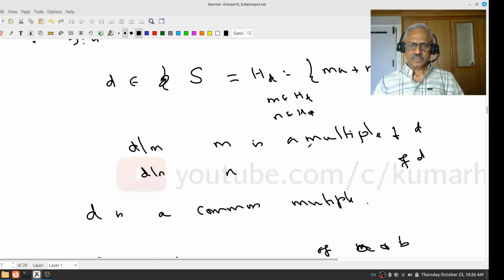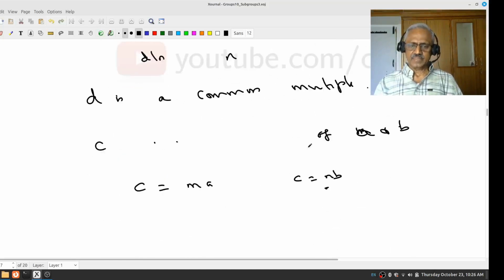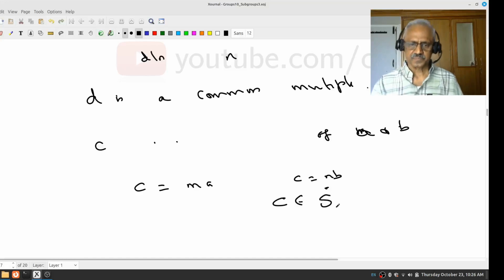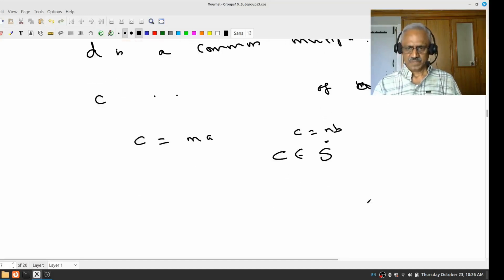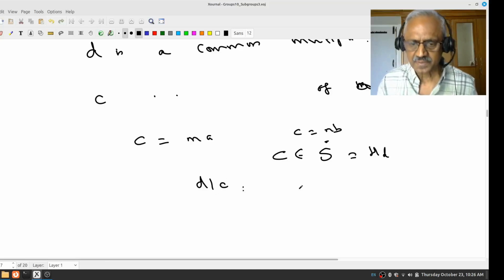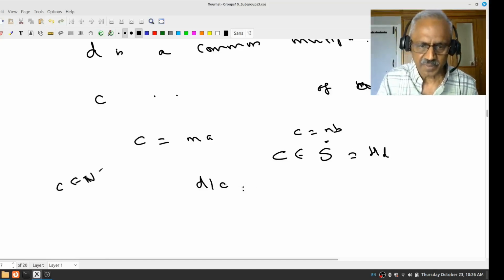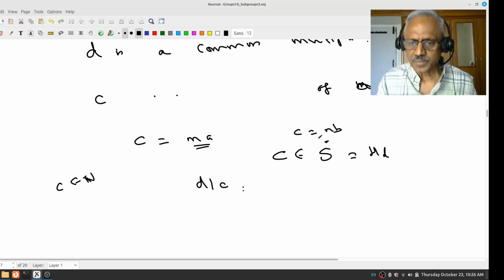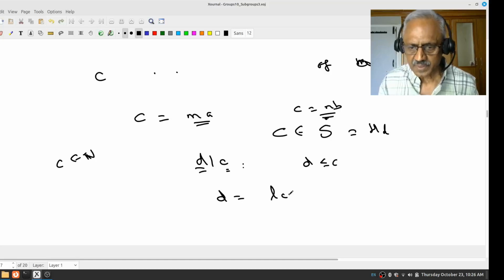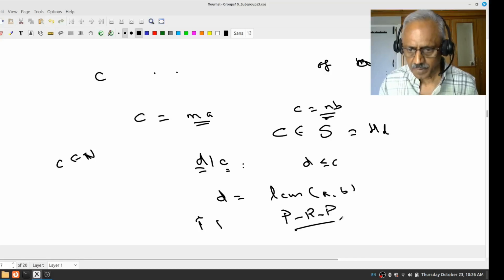Therefore, we see that C belongs to S. Since C belongs to S, which is H_D, that means D divides C. Now, if C is also a natural number, a common multiple of A and B, and D divides it, that means D must be less than or equal to C. Therefore, D is the LCM of A and B, the least common multiple.